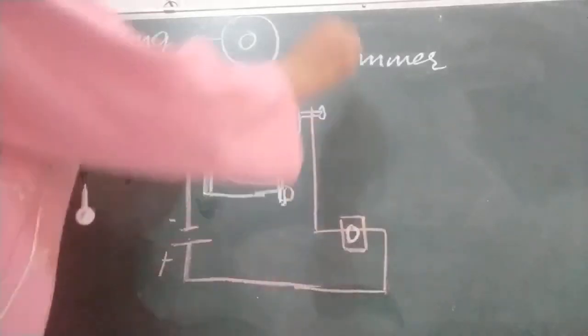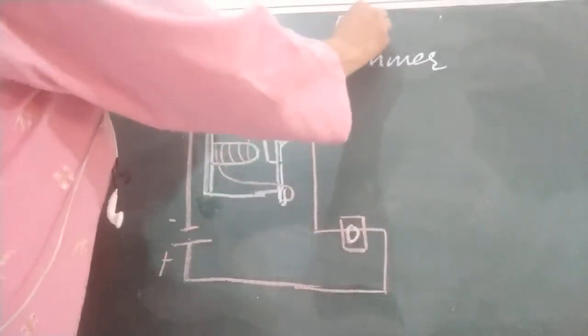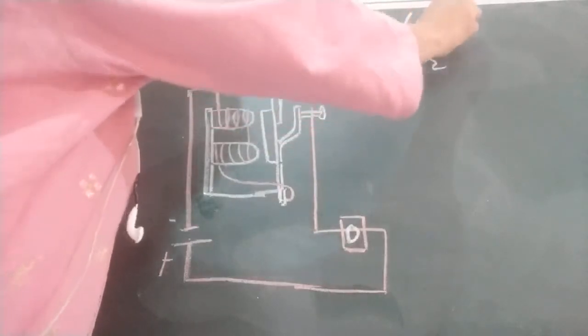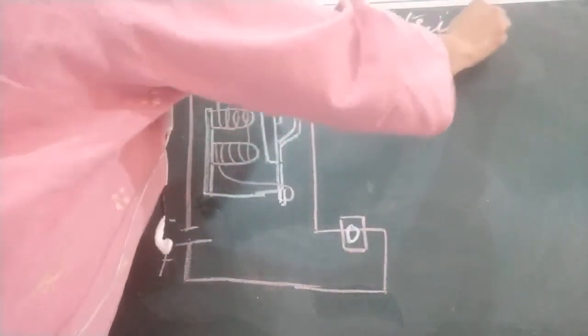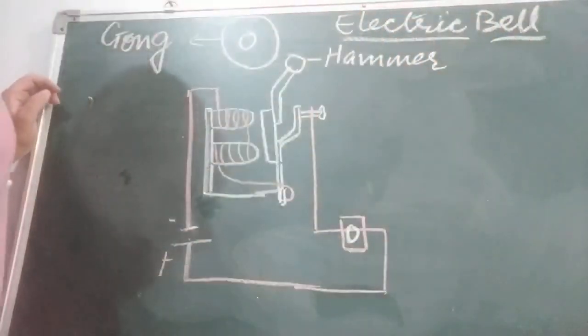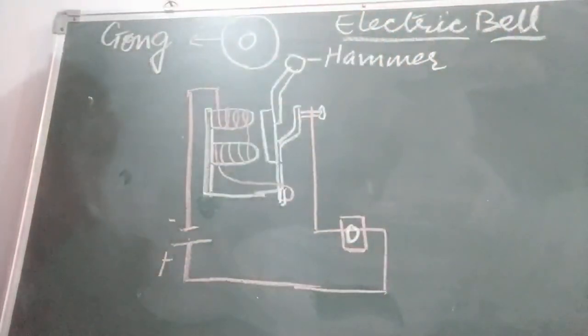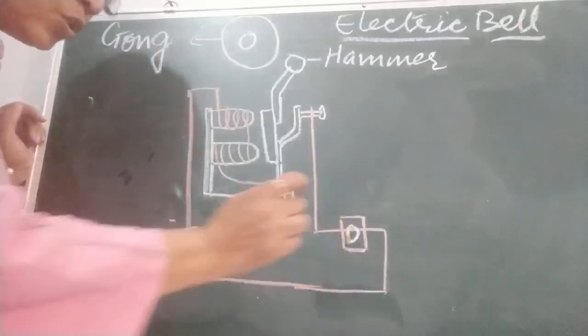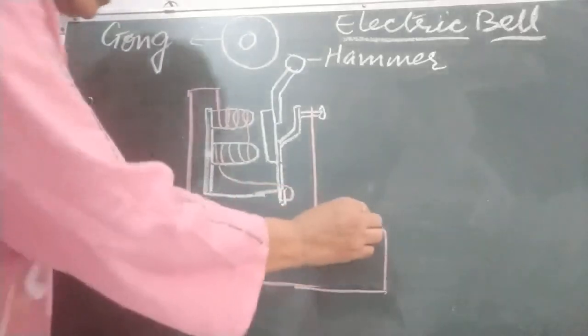Here I am going to explain to you how this electric bell functions. I am going to tell you the steps. First step, you can also see in your book, when you push the switch, this is the switch.